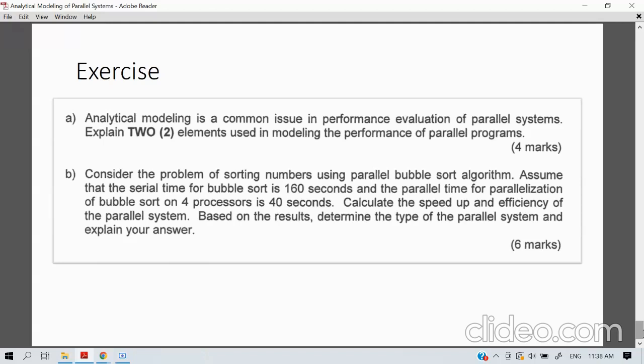Okay, now we have to calculate the efficiency. So calculate the efficiency, guys.